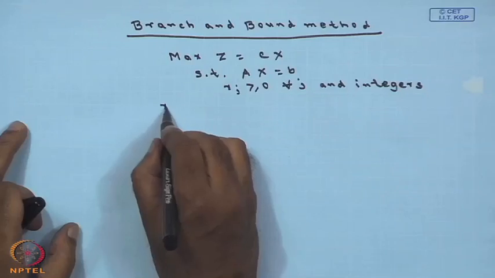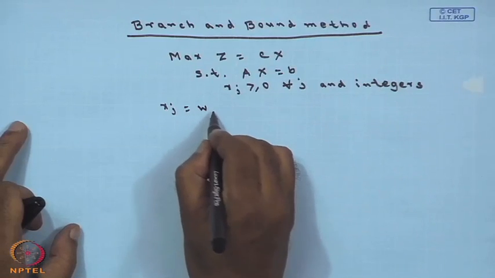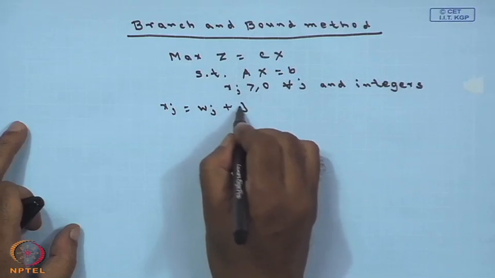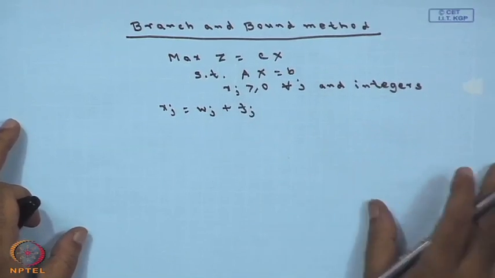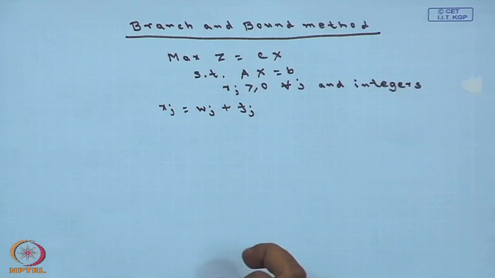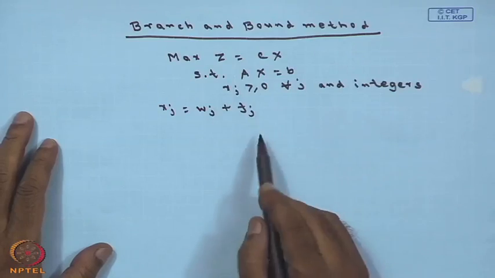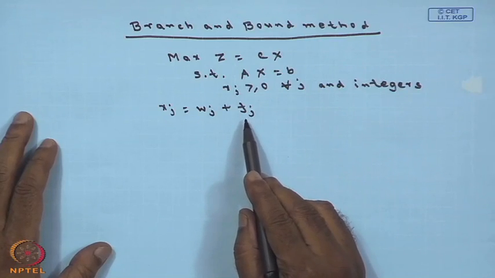Now, suppose x j is non-integer. Obviously it will contain an integer part and a fractional part. So, I can write x j equals w j plus f j, where w j is the integer part and f j is the fractional part.